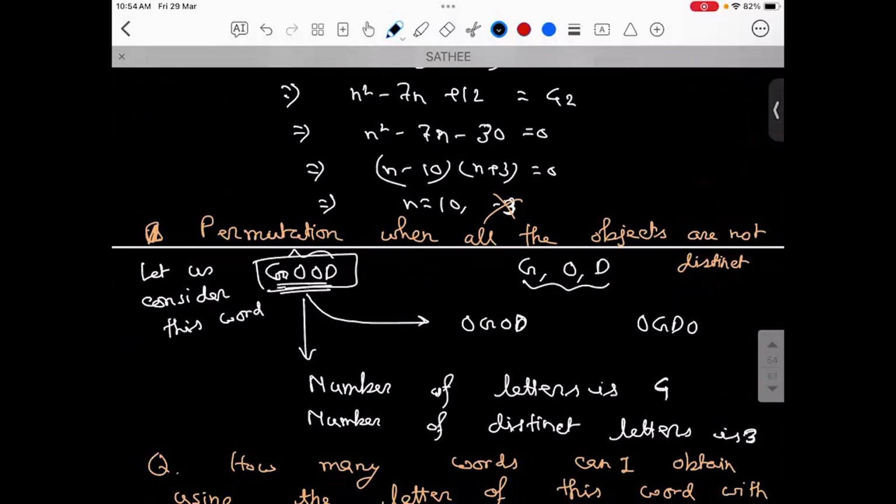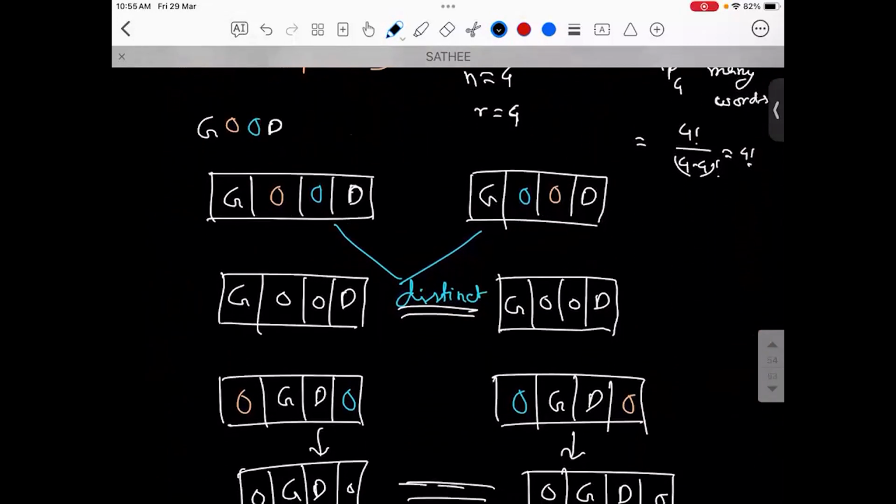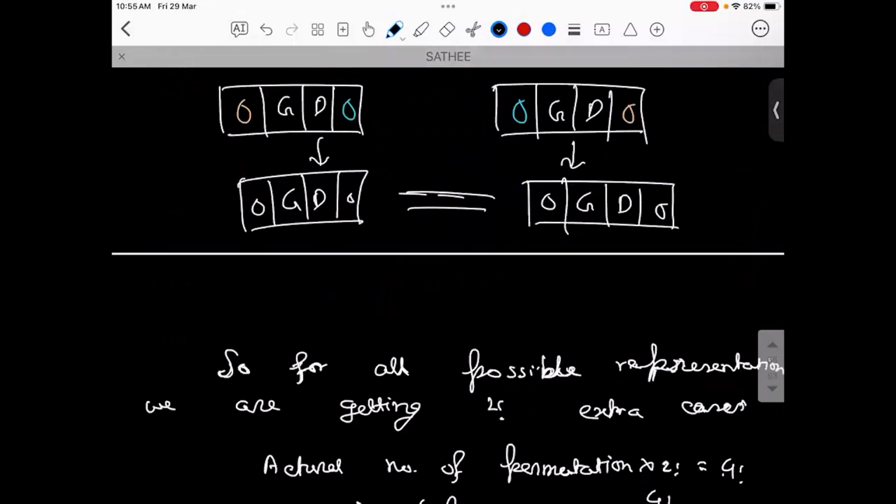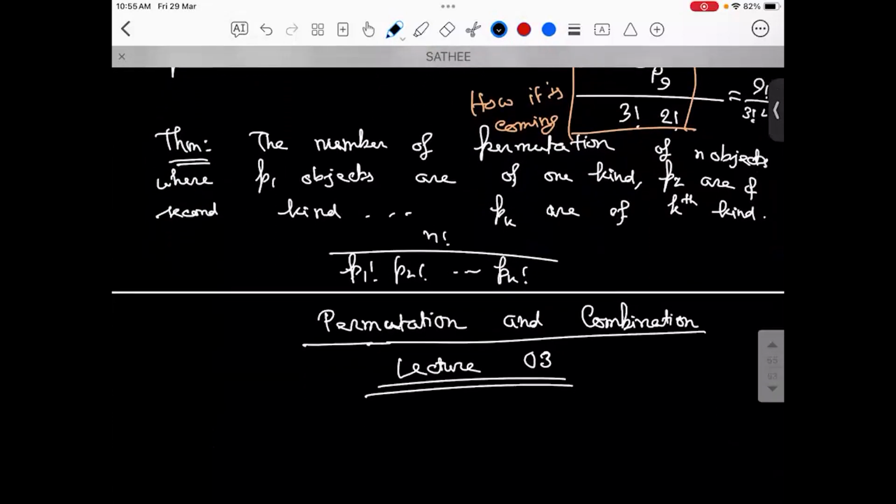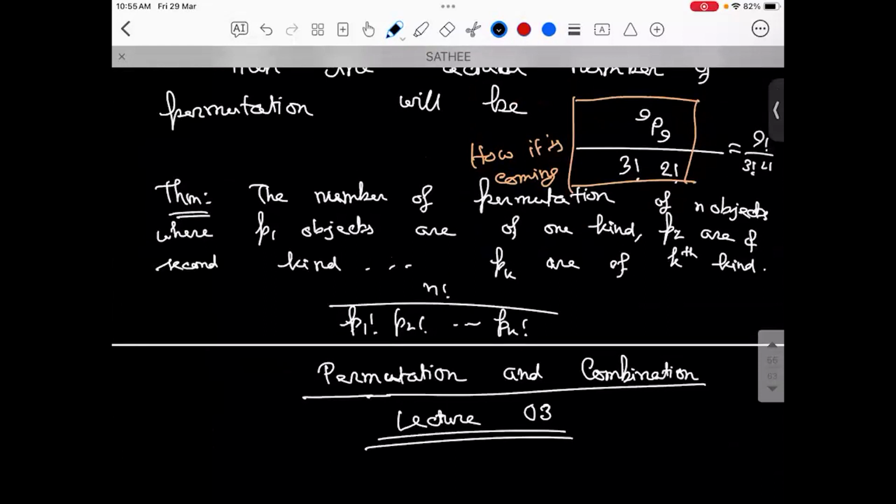For that we took the example of the word GOOD, where O appears twice. We discussed how we can consider the 2 O's and their arrangement as a single permutation, and how we can compute the total number of distinct permutations. Then we discussed the formula for counting this number, and ended the previous lecture by stating this theorem.